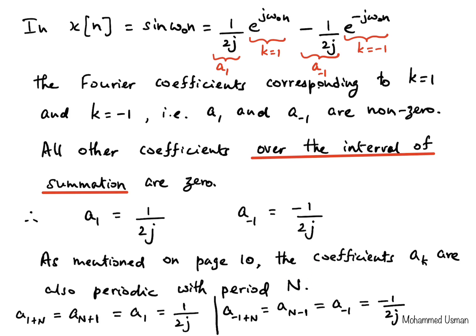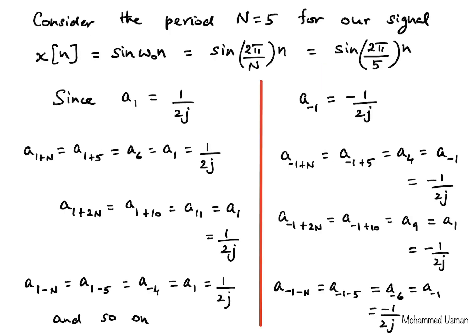So what we will see is that within the interval of summation, where we have only n successive values or components, except a1 and a minus 1, all the others would be 0. But outside this range, these values would repeat. a1 and a minus 1 would be repeating periodically with period n. That is also something which we will plot soon, and it will become much clearer.